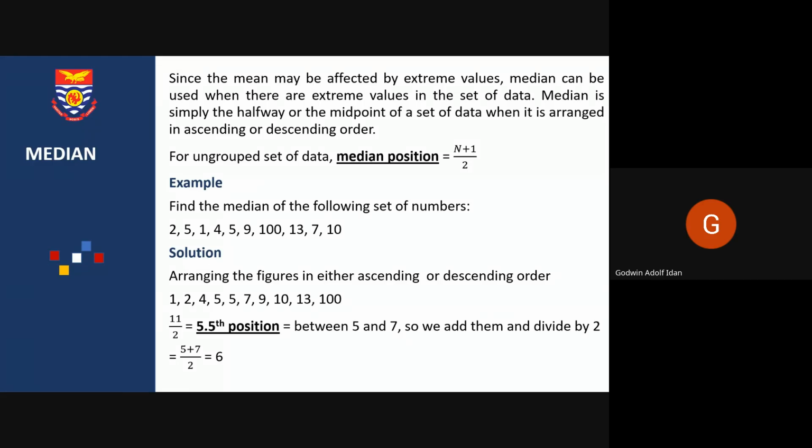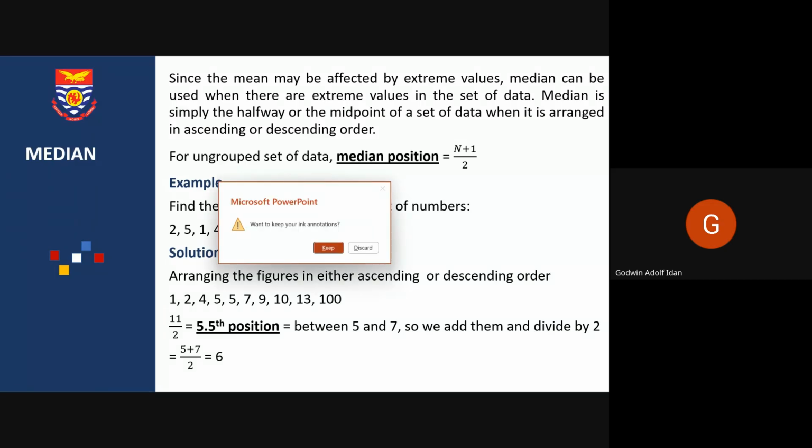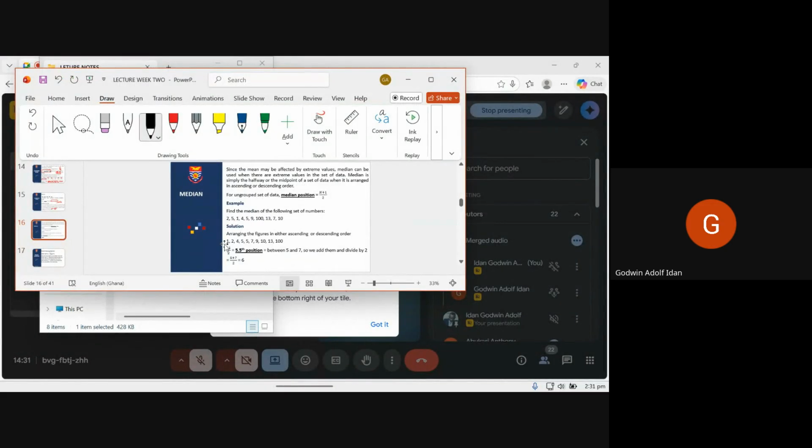However, before we get the middle value, we need to estimate the median position, especially when we are talking about ungrouped data. So for ungrouped data, we have to get the median position first, and then when we have the median position, we can get the middle value.